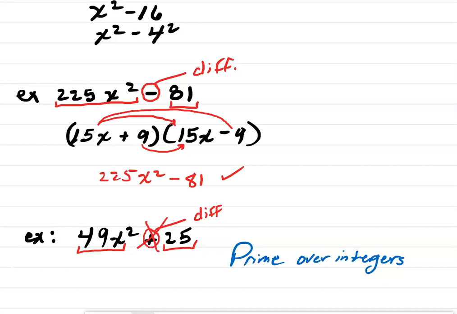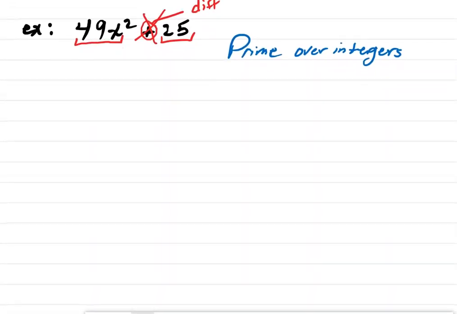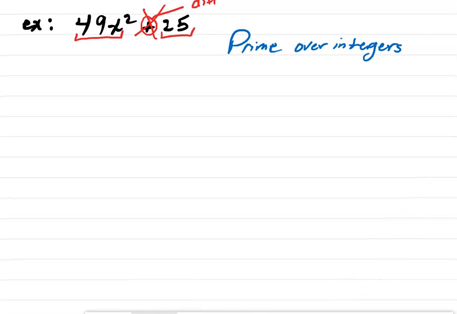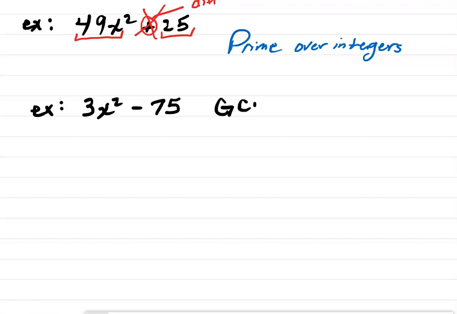Okay, our last example. This example is going to be one where you have to factor out the GCF first, and then do your factoring. So let's say we have 3x squared minus 75. 3 and 75 have a greatest common factor of 3.